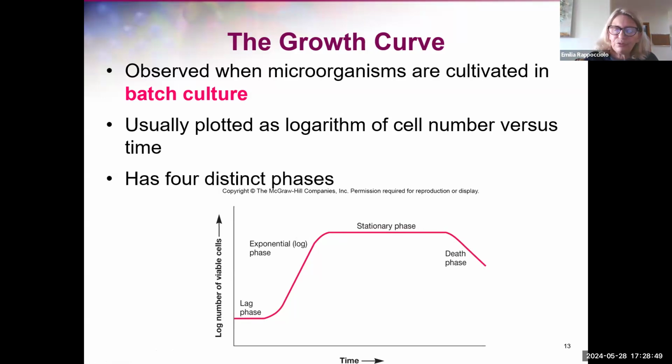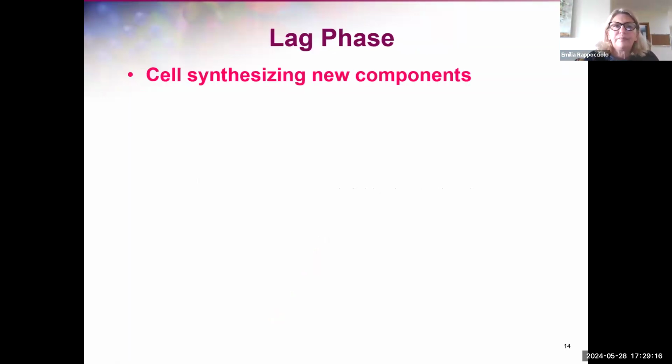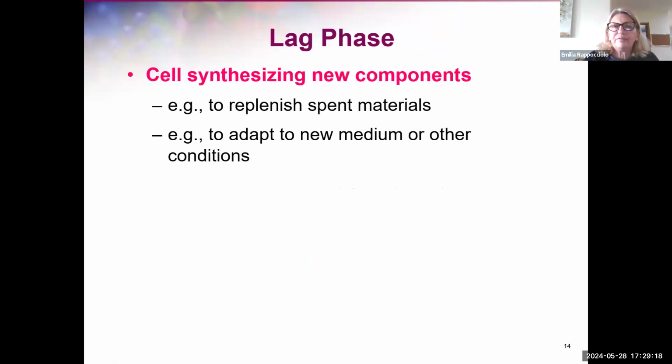So you have these four well-defined phases making up what's called the growth curve, which summarizes the behavior of a population in culture, in the laboratory, but also in nature. It's more or less the same behavior.